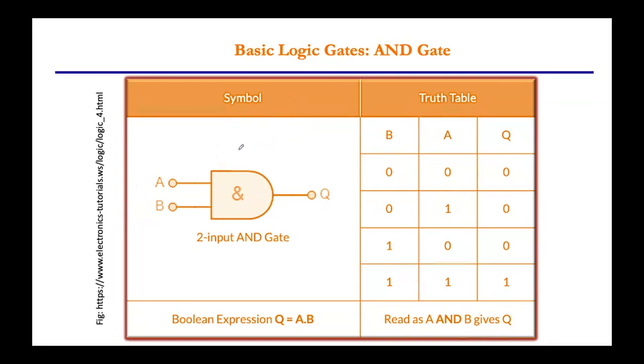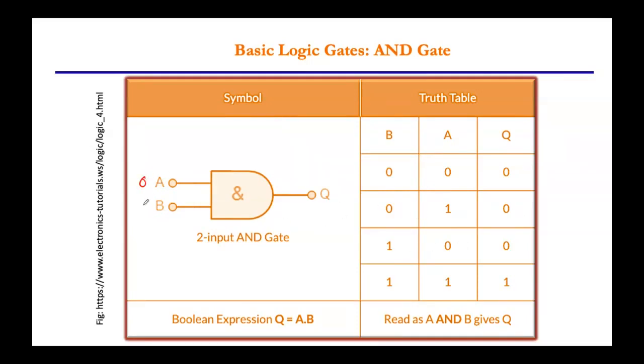Similarly, if A is 1 and B is 0, then 1 multiplied with 0 gives 0.